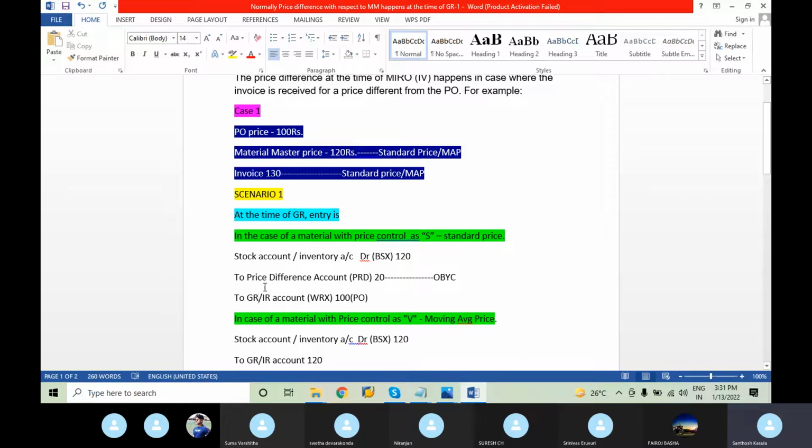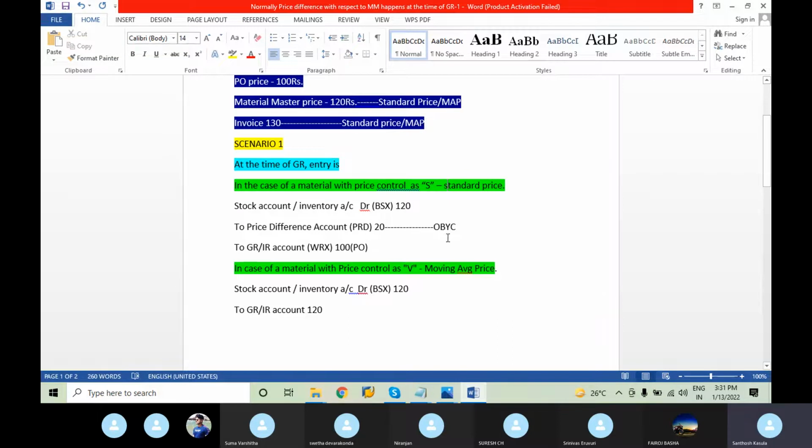The difference is 20 rupees. So in the inventory account we consider the price decided in the material master, not related to the purchase order. This is basically at the time of standard.